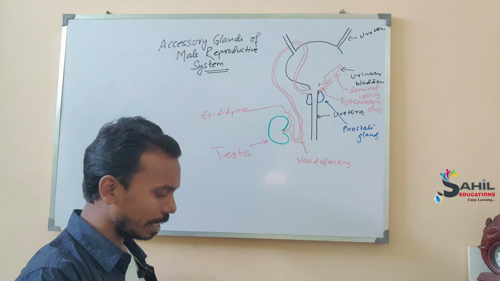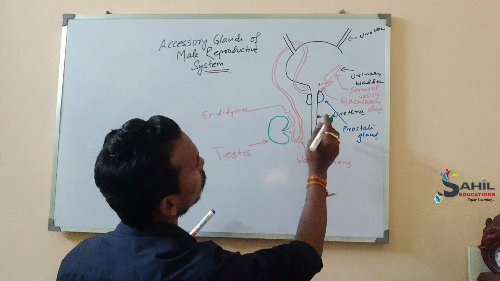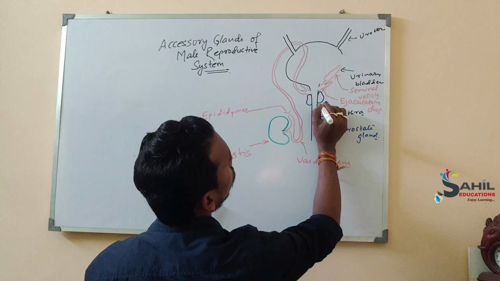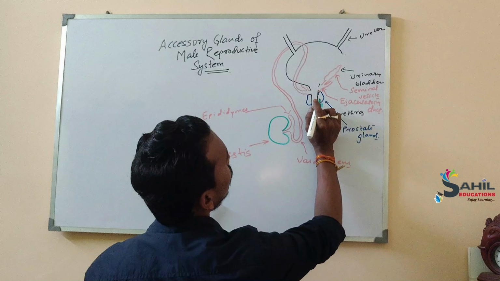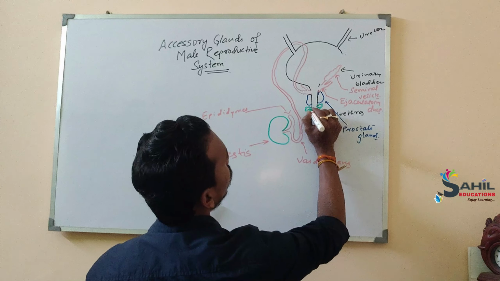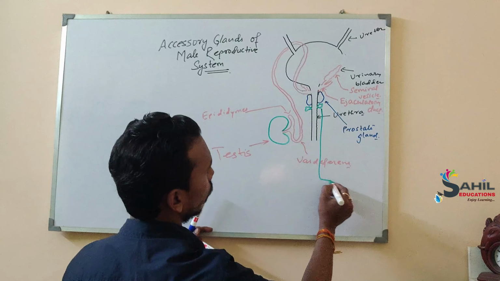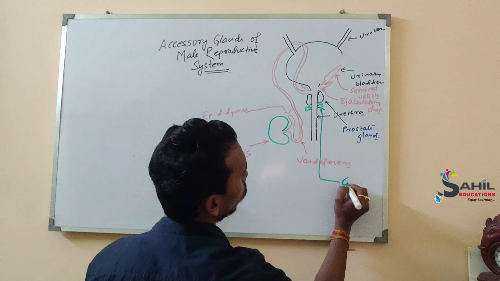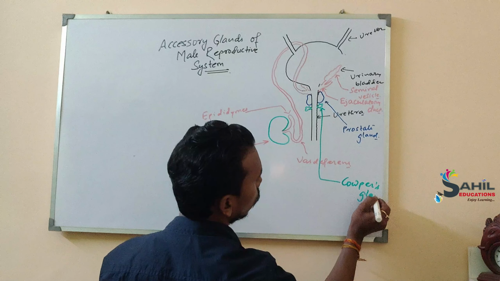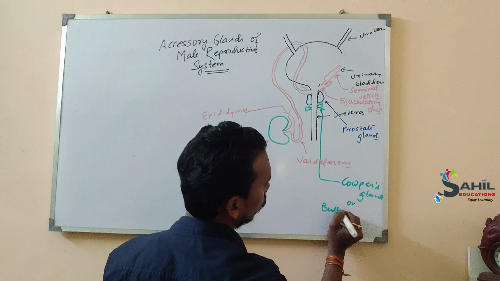After the prostate gland there is another accessory gland, a pea-sized reproductive gland which is known as Cowper's gland or bulbourethral gland.